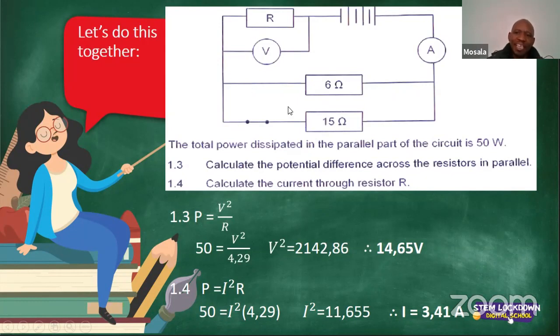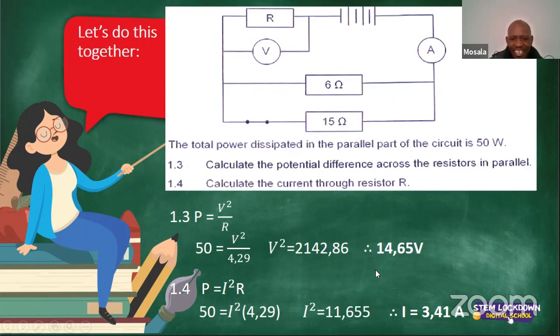So remember, what is important for you to know is that this 3,41, when it comes to this point, will be divided between the 6 ohm and the 15 ohm. But what we know is that the current coming through to this, all of it, before it's split between the two, is 3,41, right?